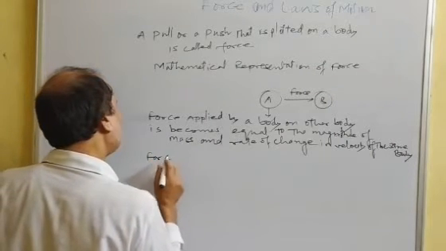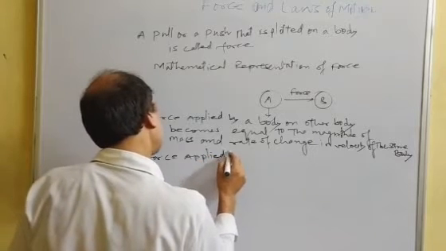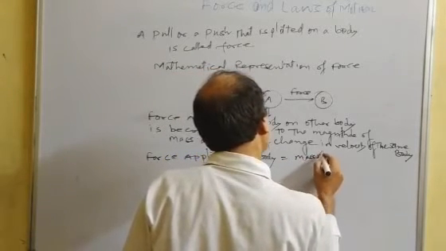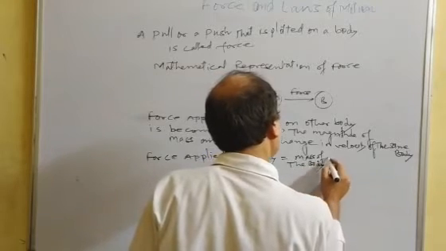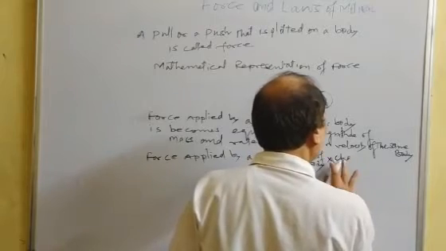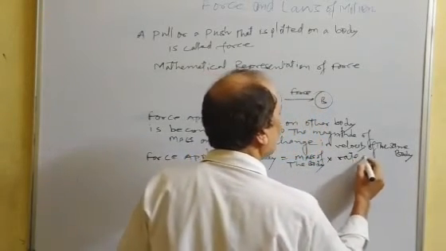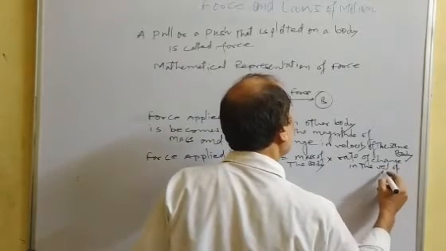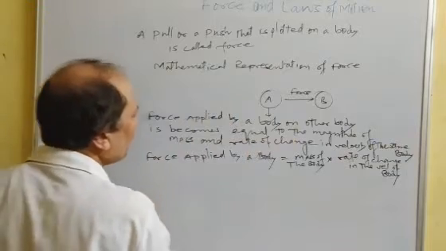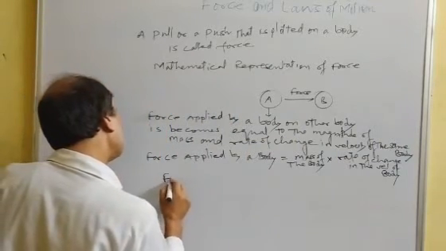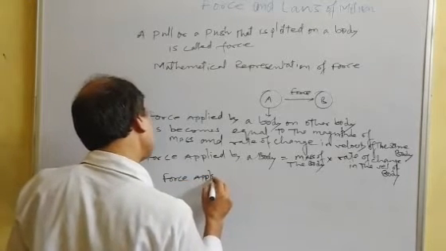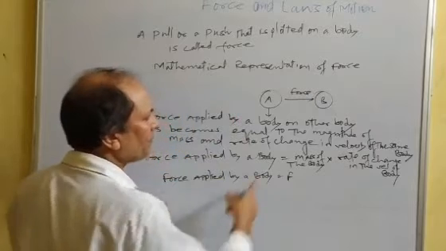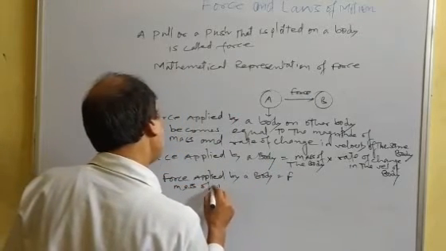So how does it happen? See this. Force applied by a body is equal to mass of the body into rate of change in the velocity of the body.